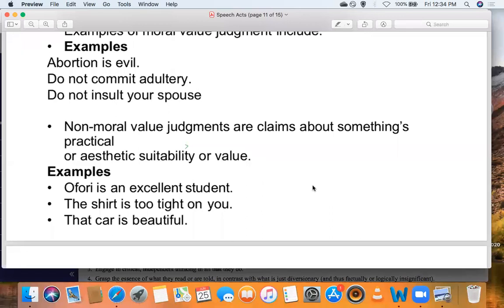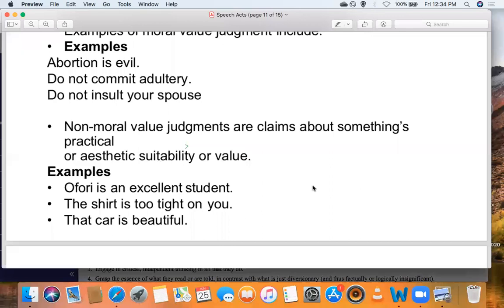So examples: when you say that Ofori is an excellent student, that's not really a moral thing, but it's something that is valuable. When you say that shirt is too tight on you, that's a value. You are talking about the value of something fitting you.